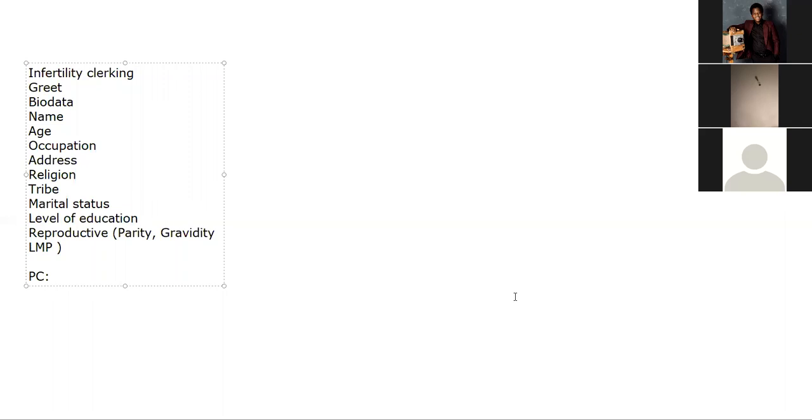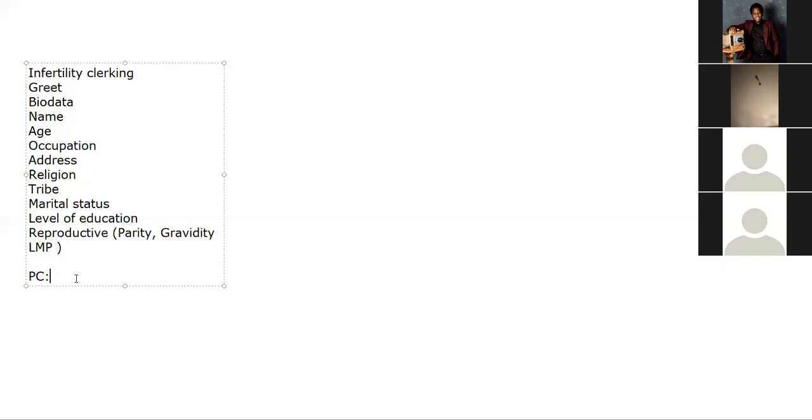Failure to conceive, okay? So the person will come with failure to conceive, inability to give birth. Yeah, inability to conceive.